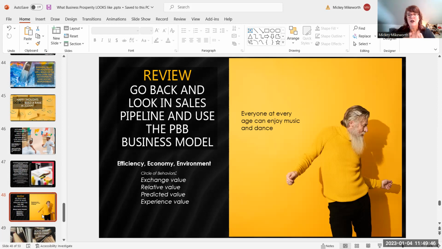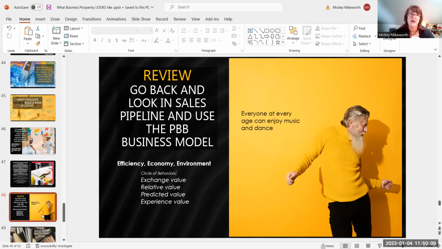So take the time to go back and look at the sales pipeline from last year and use that prosperity business model. Go back in and use what you've done and say to yourself, look, was this efficient? Was this in the best economy? Was this profitable? Is this the environment we like to build off of?